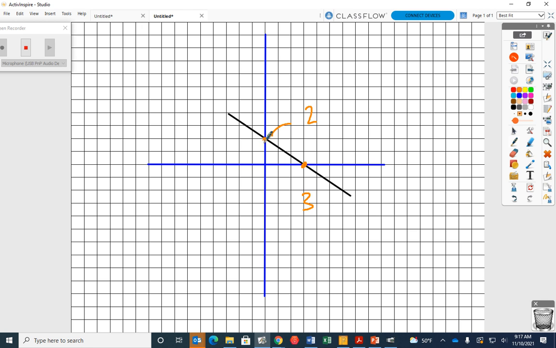Now, what is the value of x when it crosses the y-axis? 0. Where it crosses the x-axis, what's my y value? 0. Remember that.